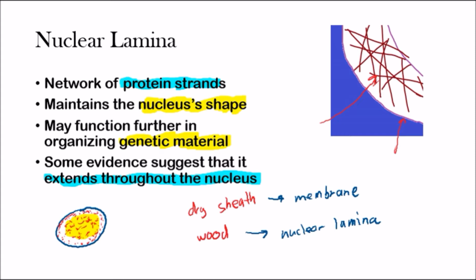But if this network of proteins goes completely throughout the nucleus, instead of just bordering it, maybe the nuclear lamina also helps organize this genetic material in the center of the nucleus. Now this is not completely verified. Scientists are still doing research on that. Maybe in your own free time, you can go look it up on Google and see if this is actually true or not. Scientists don't know for sure that this is true. This is still in question.